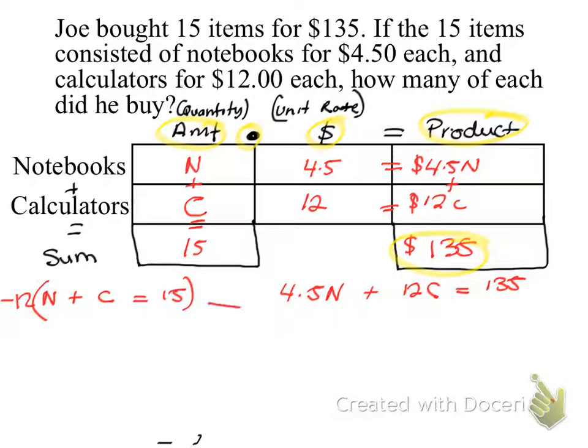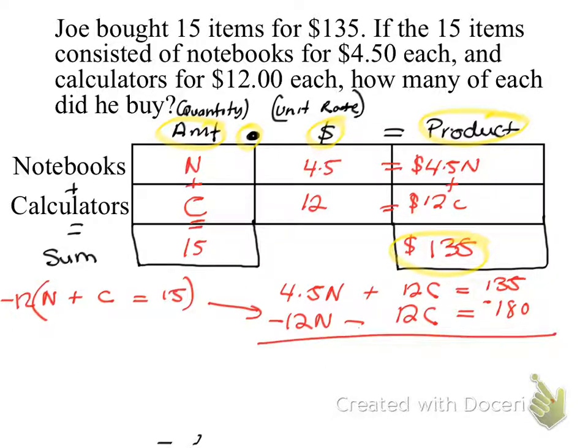So I get negative 12n minus 12c equals 12 times 15 is 180, and it's a negative. And now I have my additive inverses. So over here I'm left with 7 and 5/10 n, and here I'm left with negative 45.